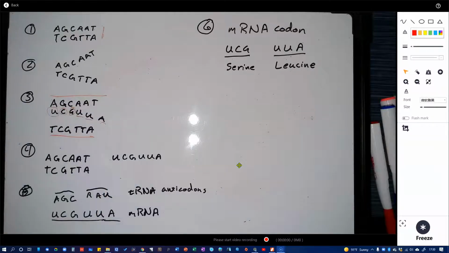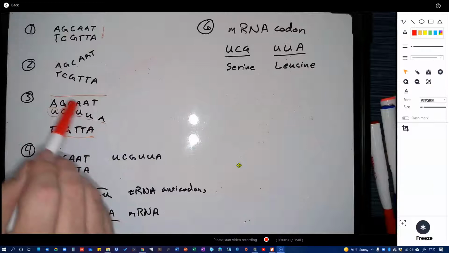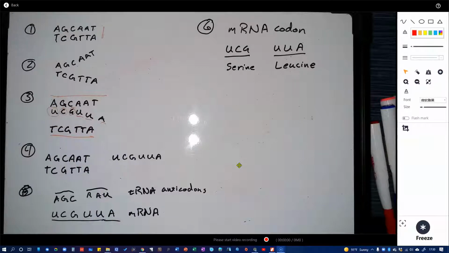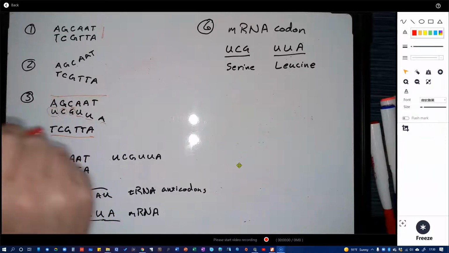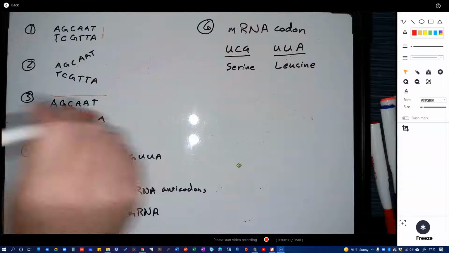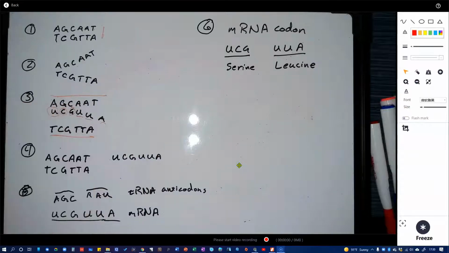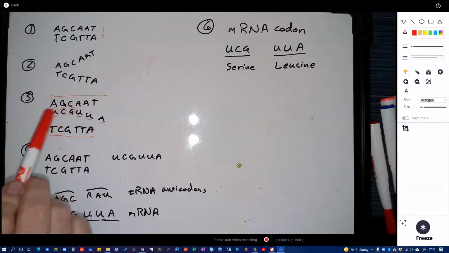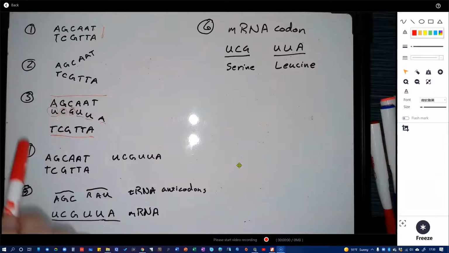So you can see I've got each of the bases coming in. Now this is an important thing to remember at this step. DNA uses T, but RNA uses U instead of T. So anywhere you would put a T in the DNA, you want to put a U instead.